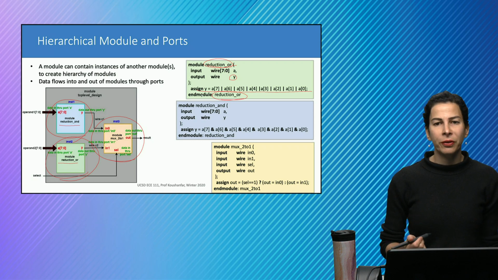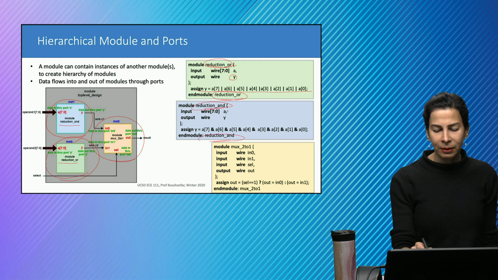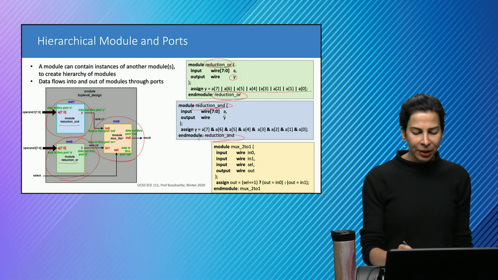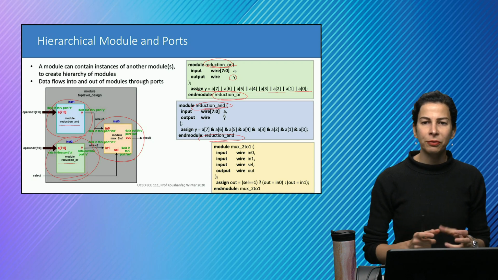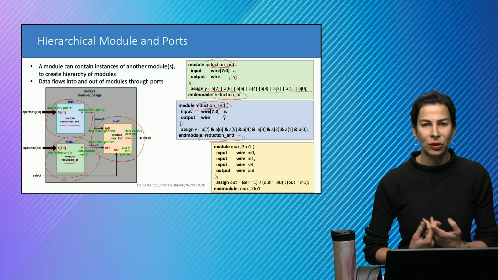The same is true for the other modules in this design. Here I have the reduction and I begin and end it. I define the parameters. Here we have to be careful, and we will be discussing interfaces and how to interface modules and handshake between them.